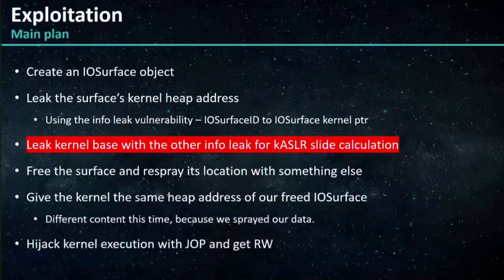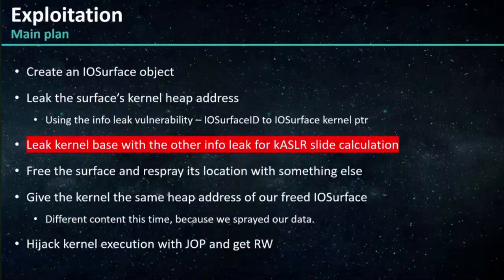We free the iOS Surface object. We spray data of the same size, so our spray data gets into the same kernel address. We have to assume that it gets into the same kernel address, but statistics show that this is unbelievably reliable.